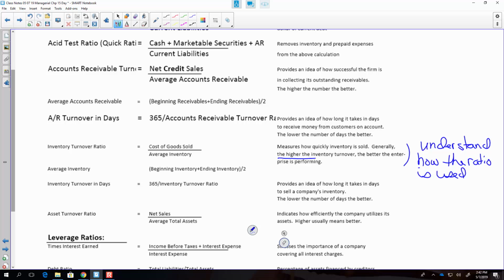Like number of days, turnover days, provides how long it takes days to sell a company's inventory. The lower the number of days, the better. Oh, yeah, that makes sense. That's just what we went through. All right, so hopefully that'll help.